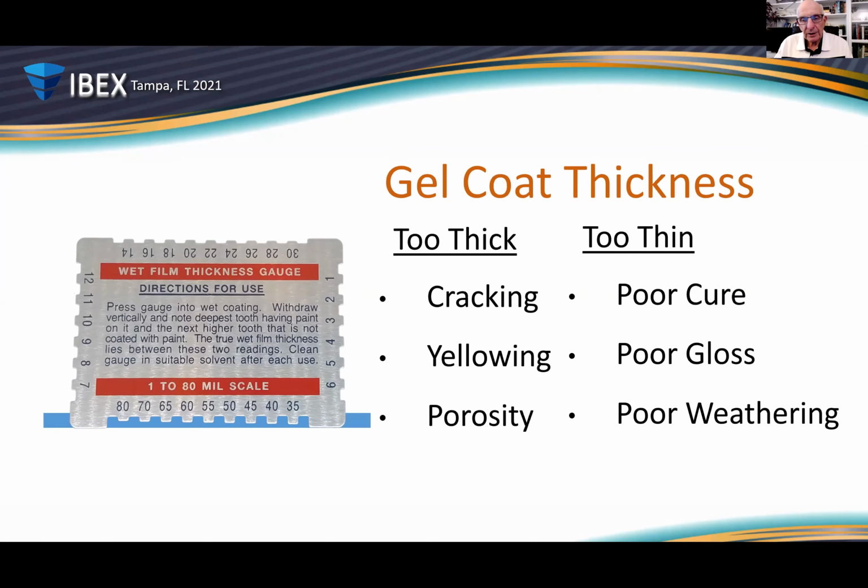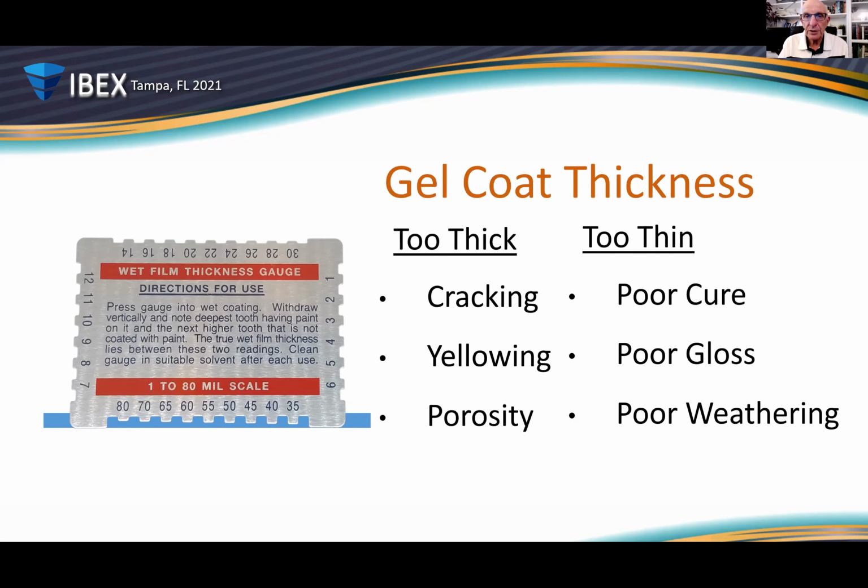The evaporation from a gel coat film is based on surface area. So if we have gel coat, stick with me on this, over here we gel coat at 20 mils thick, and over here we gel coat at 10 mils thick. And then during the course of these two thicknesses curing, they lose a certain amount of styrene based on surface area.